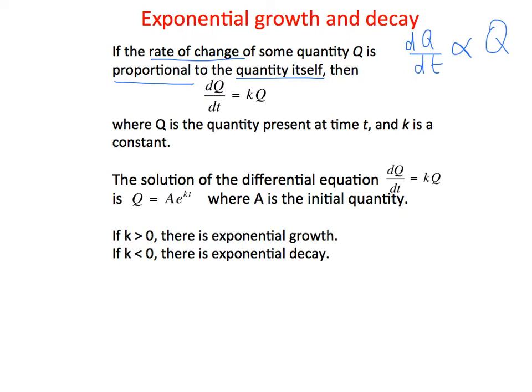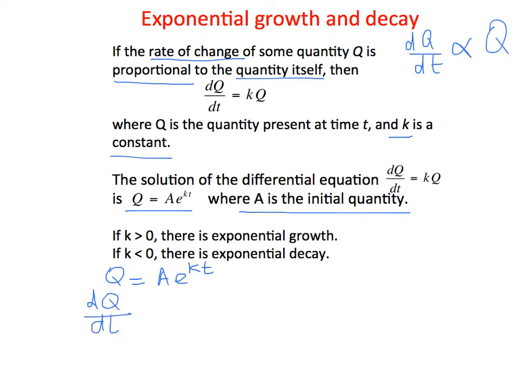Well, if we start with this equation here, q equals ae to the kt, where a is the initial quantity. So a is a constant, it's the initial amount, and we've already talked about k. k is also another constant, the proportionality constant. Let's differentiate this with respect to t. So dq/dt.